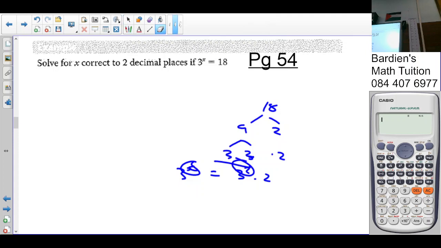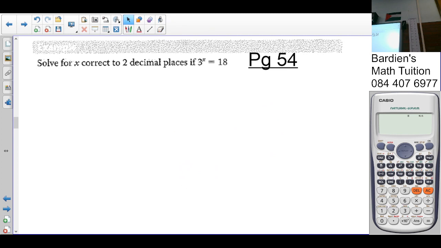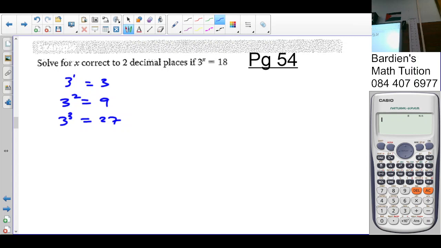So what we do is, we see between which numbers 3 to the x lies. We know that 3 to the 1 is 3, 3 to the 2 is 9, which is still less than 18, and 3 to the 3 is 27, which is more than 18. So now we know that 3 to the x has to lie between 3 squared and 3 cubed.